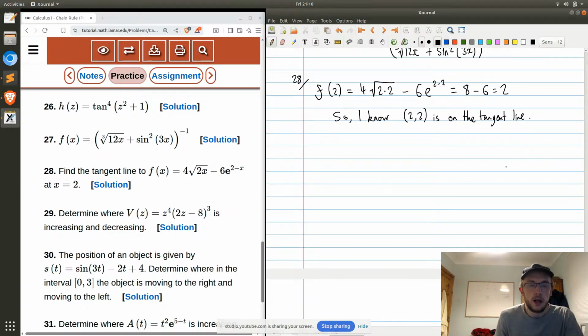And now I must differentiate it, and I must find f prime of x. That there is a product. So no, it's not. No, yes, it is. Oh, right.